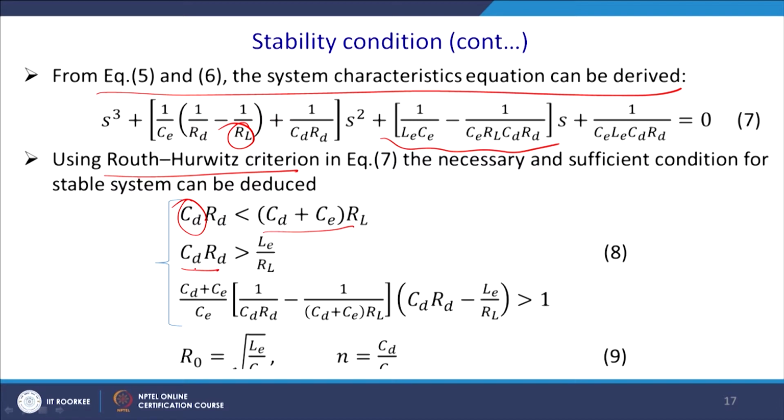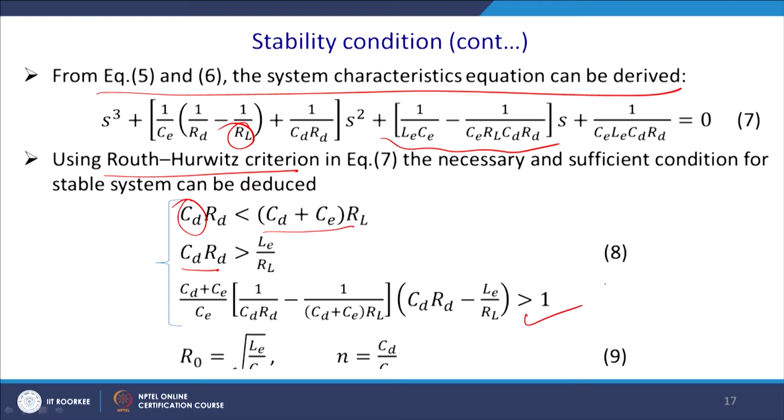C d into R d should be greater than L e by R L, and also you have C d plus C by C in bracket, 1 by C d R d minus 1 by C d R d R L, into C d R d minus L e by R L, it should be greater than 1.